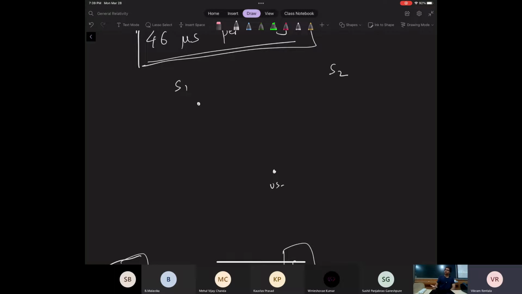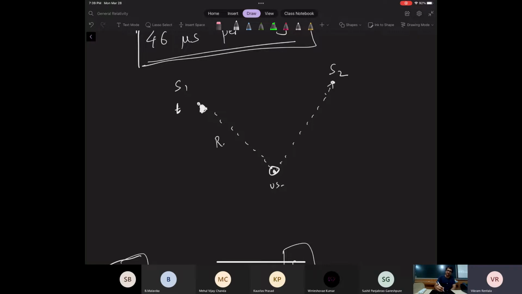Our cell phone sends a ping, which is picked up by the satellite, and the satellite measures on the clock on the satellite. This ping is sent at the same time to both these satellites. There's a clock here, and you can simultaneously send pings to both these satellites. So you send a signal in both directions.